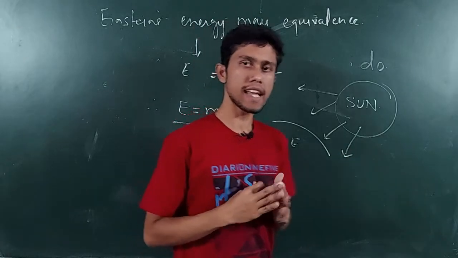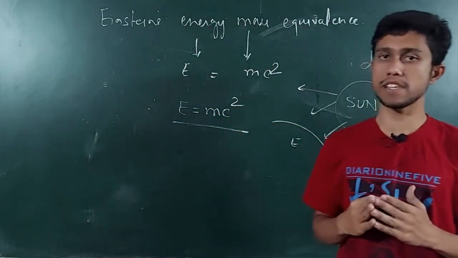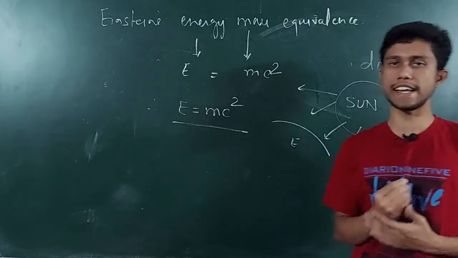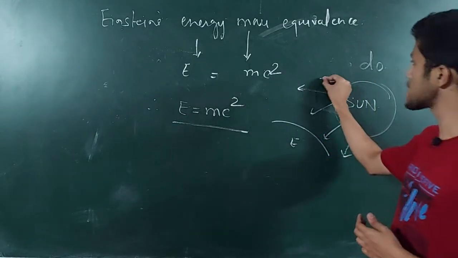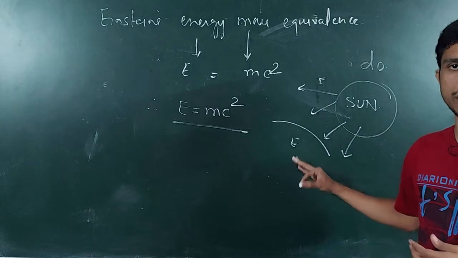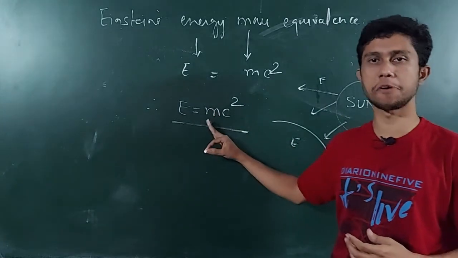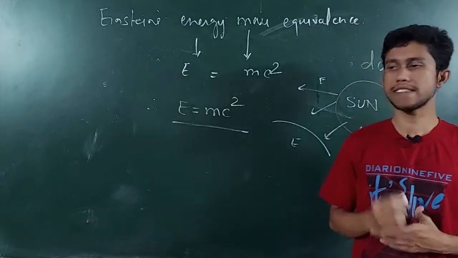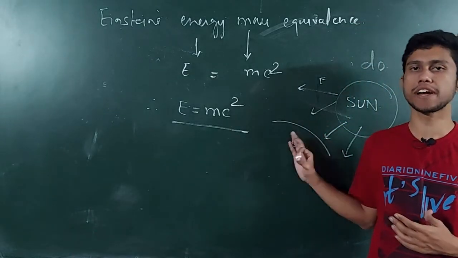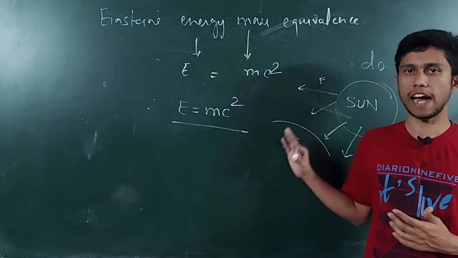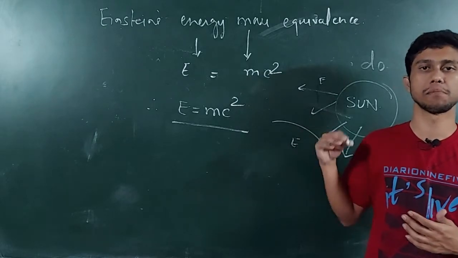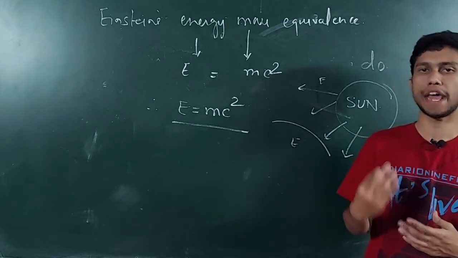You can say that the rays from the sun carry some amount of heat energy in them, and that heat energy falls on our earth, and that heat energy is going to get converted into some amount of mass. So I can say that some amount of mass is going to get deposited on the earth, and this is the reason why we say that the mass of earth is increasing day by day.